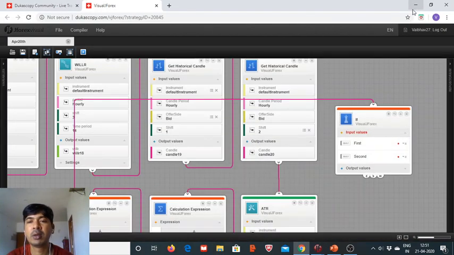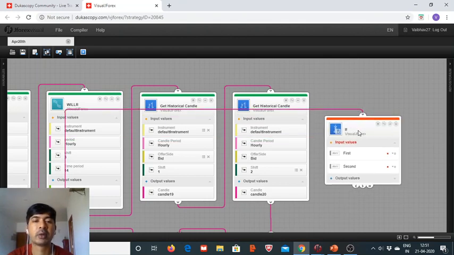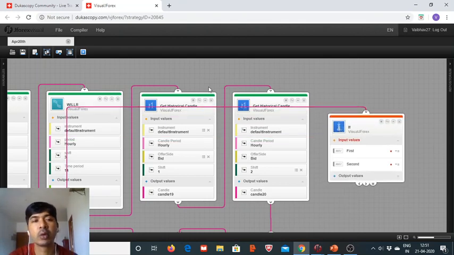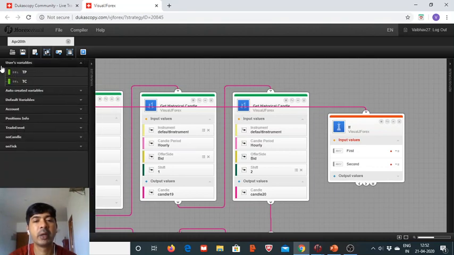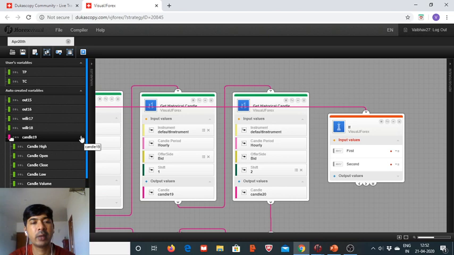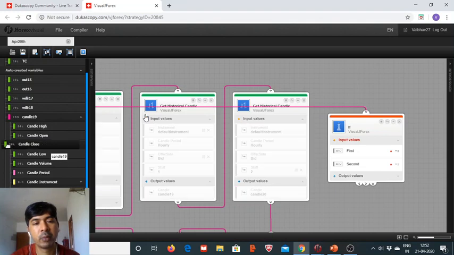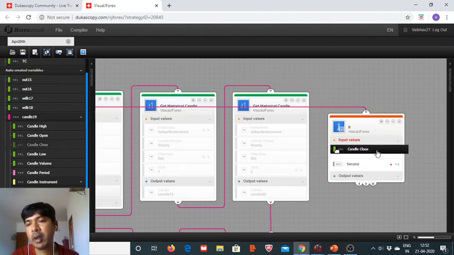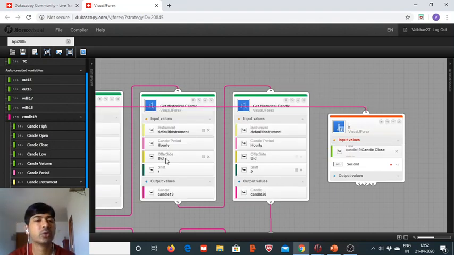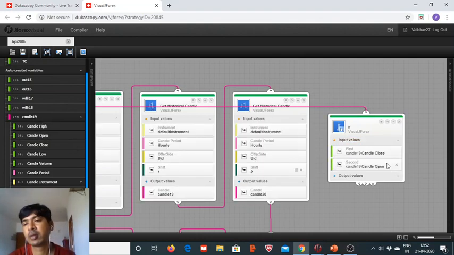So now we have to define these parameters as well. So we take the historical candle shift one's closing levels, and then we compare it to the same candle's opening levels. Auto created variable, we got the candle 19, and we have here candle's closing price, and the closing price should be greater than the candle open.